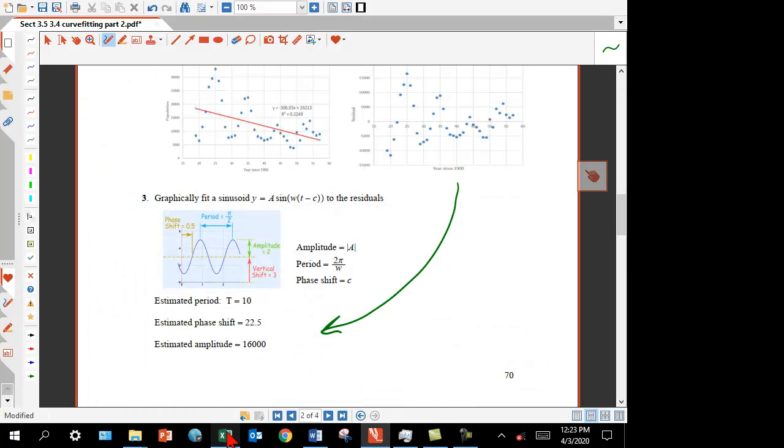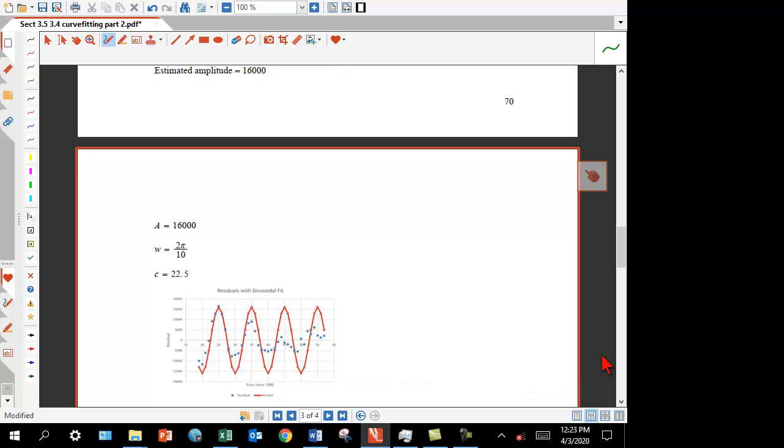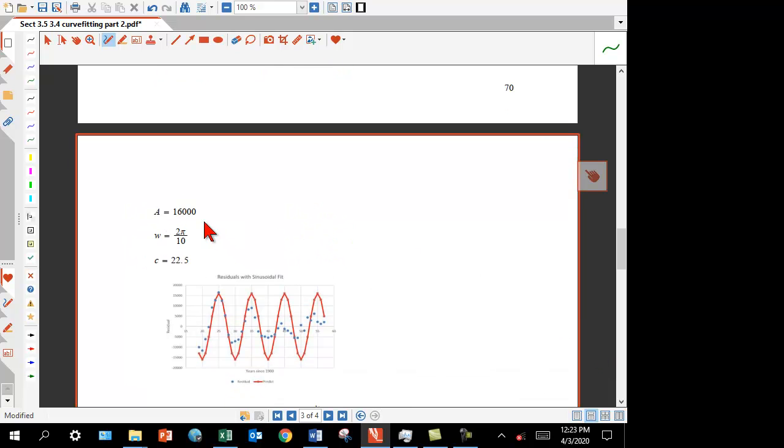So as a first guess, that's what I'm going to use for my amplitude. So now I take these guesses for the parameters of the residuals and apply these formulas and crank out that I want to use A equals 16,000, omega equals 2 pi over 10, and C equals 22.5.